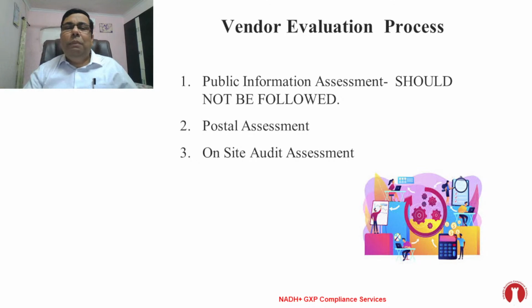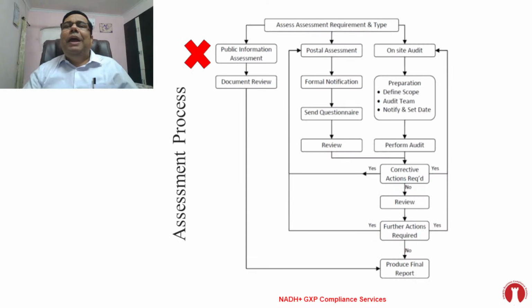Correct? You got my point? I prepared this flow chart to help you understand how we can use these tools, for the public information assessment, postal assessment, and on-site assessment. The flow chart is very simple and easy to understand, and no technicality is required here.